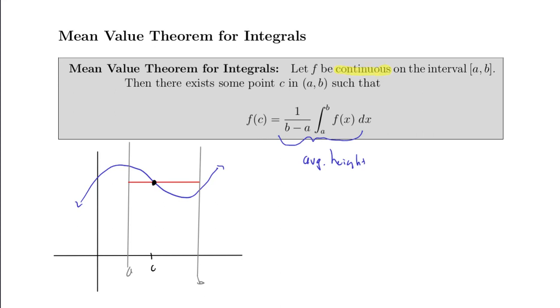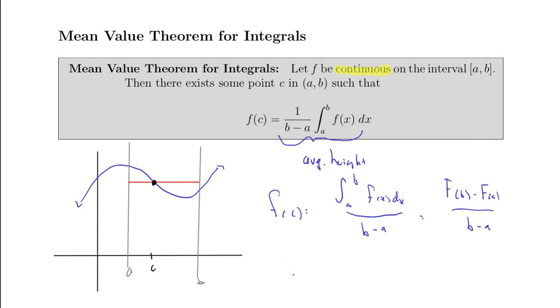This is actually a really easy thing to show, because what this says is that f of c is equal to this integral from a to b of f of x dx divided by b minus a. But based on the fundamental theorem of calculus, this is capital F of b minus capital F of a over b minus a.